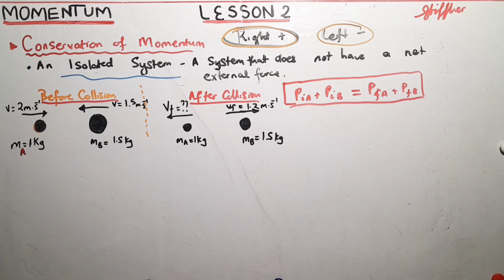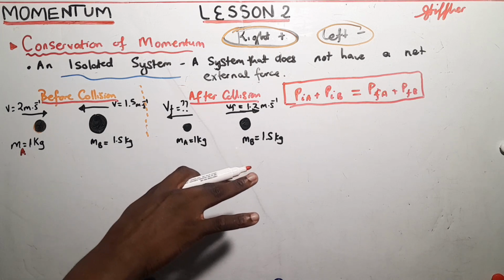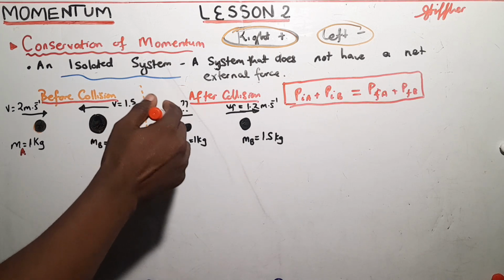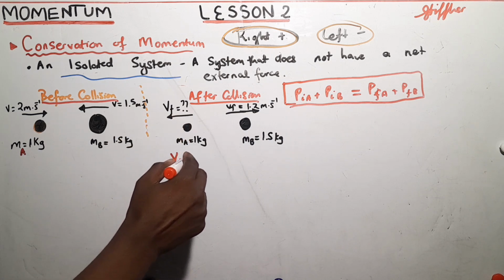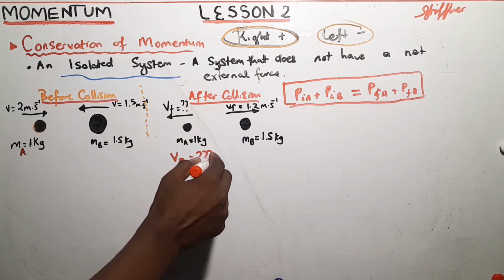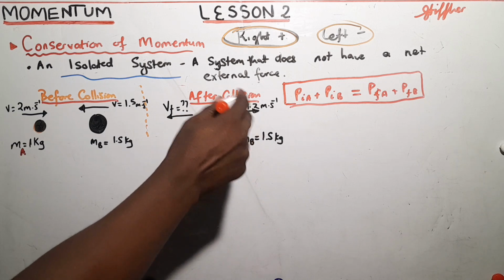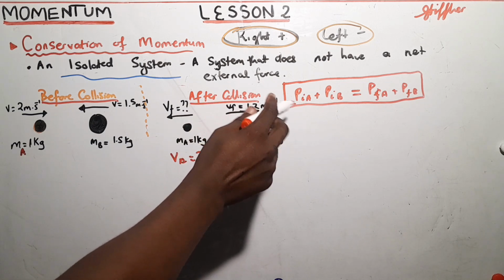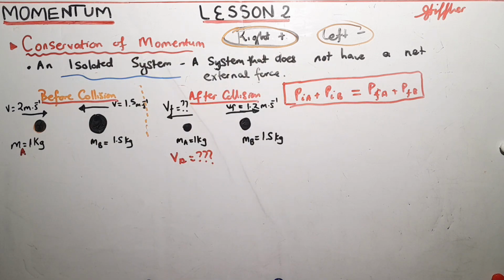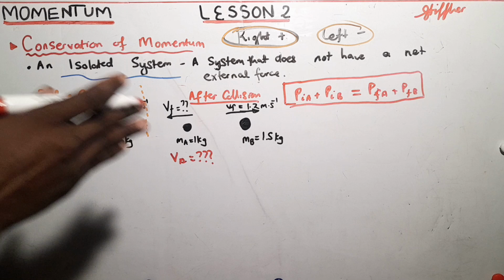Then after the collision, the masses are still the same. The velocity of body A is unknown now after the collision. But the velocity of body B is 1.2 meters per second to the right. So before attempting this question, since you know that momentum is a vector quantity, we are going to choose the direction between the left and the right.